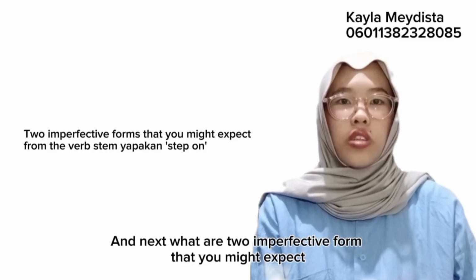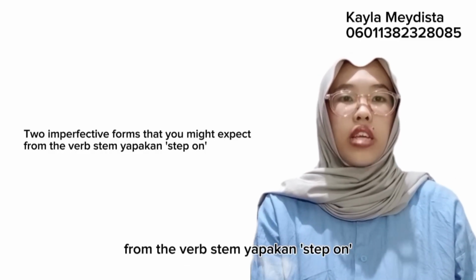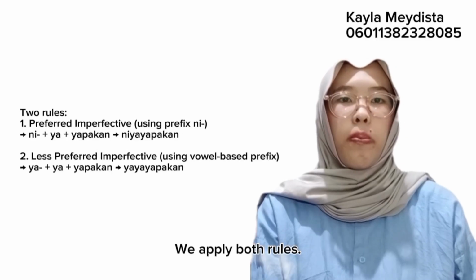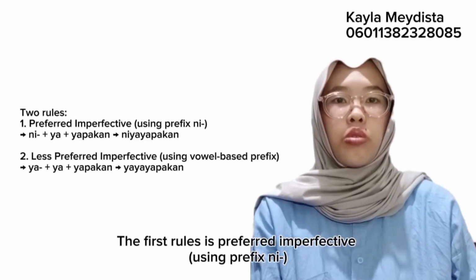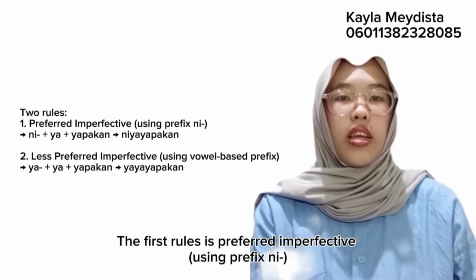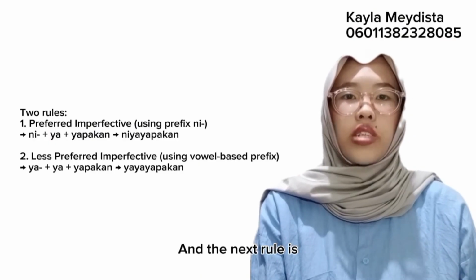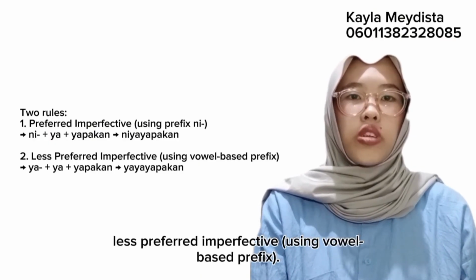And next, what are two imperfective forms that you might expect from the verb stem yapakan, step on? We apply both rules. The first rule is the preferred imperfective using prefix ni plus ya plus yapakan, becomes niyayapakan. And the next rule is the less preferred imperfective using the vowel-based prefix.